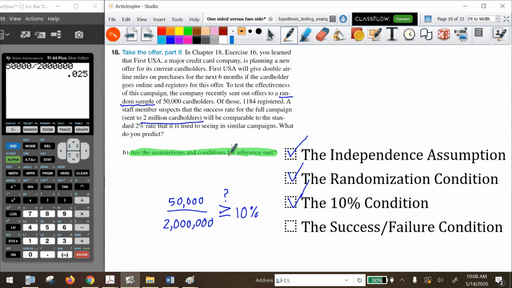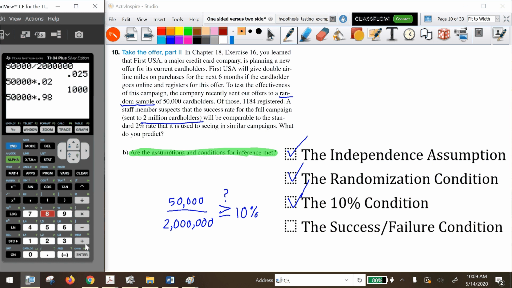The success failure condition. In our random sample, would we expect to see at least 10 successes? So our typical success rate is 2%. So we have n times p. Is that at least 10? Oh, it's 1,000, definitely. What about n times q? The complement of 2% is 98%.